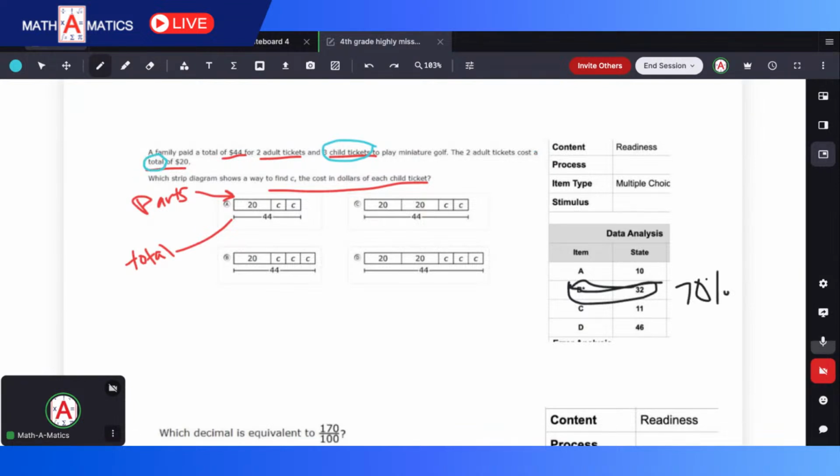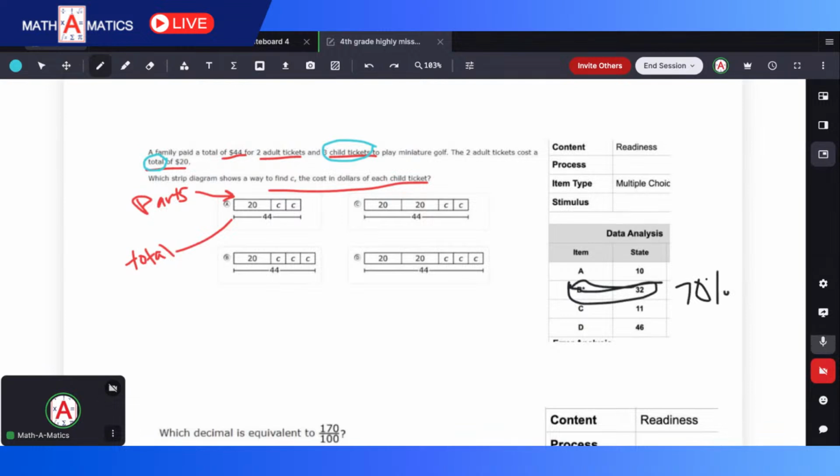The 2 adult tickets cost a total. And I'm pointing out all of these words because on this test, word problems are heavy and reading is so important, as well as underlining and highlighting and whatever you can do. So it's really great to talk to your students about making sure to use all the resources that you can on the test, or asking for that sheet of paper so you can write some of these things down.